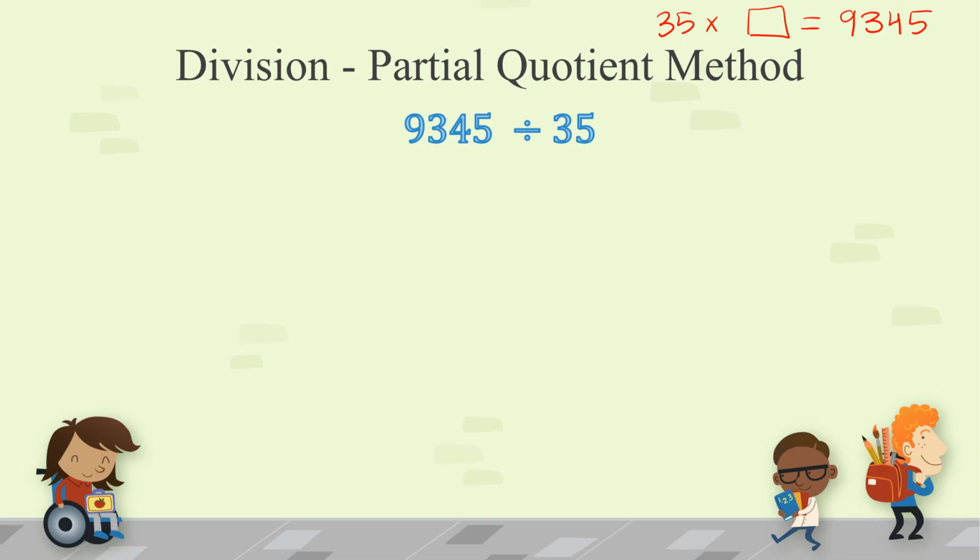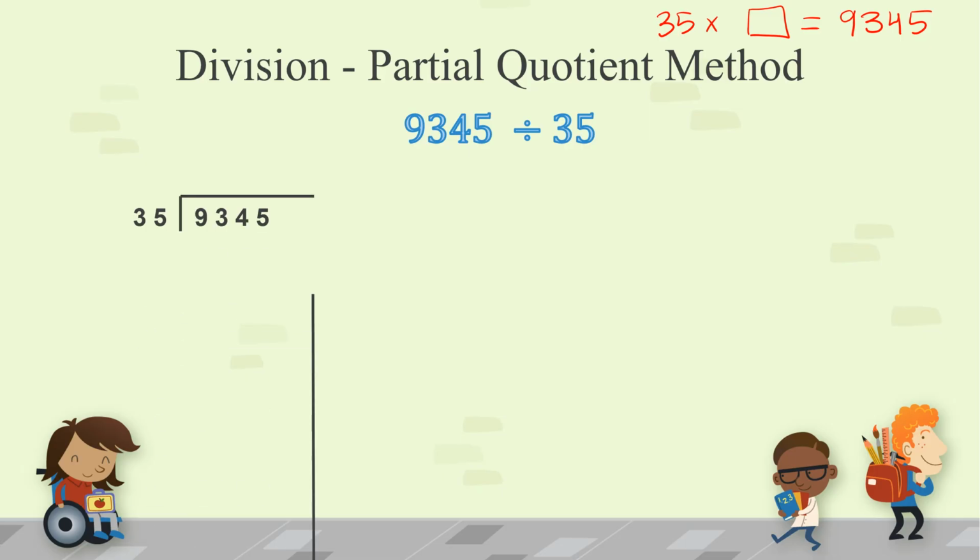Well, 35 times 100 is 3,500. 35 times 200 must be double that, so that must be 7,000. If I have another copy of 3,500, I would go over 9,000. So the answer must be less than 300. It's more than 200, but less than 300.